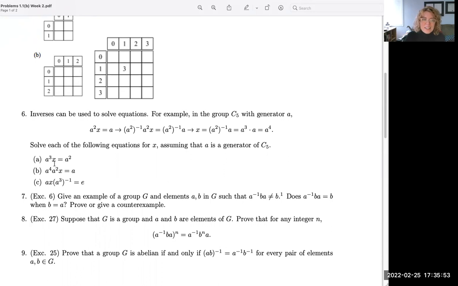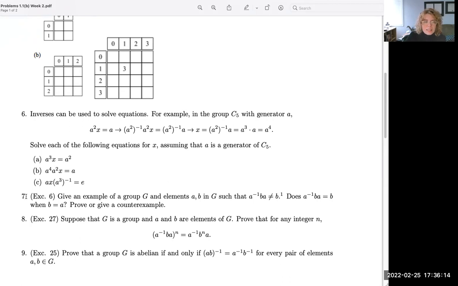That would be a nice presentation of this question. A is a generator for C5, so you know all sorts of relations on A. And I think most students were okay with that. So I'll leave it at that.